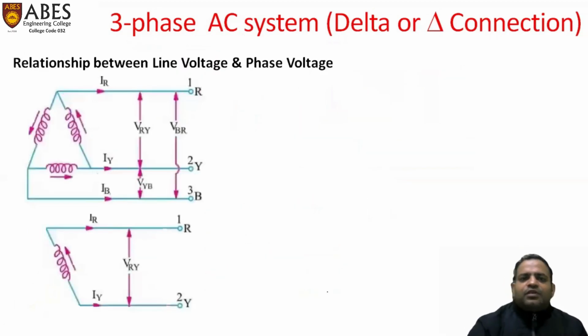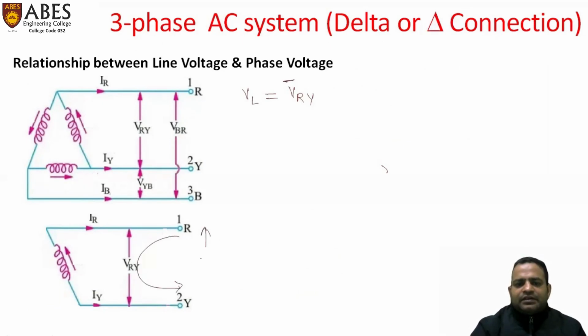Now, first of all, we are talking about the line voltages. If we are making our line voltages, that is VL, either VRY, VYB, and VBR. So we are discussing here only VRY. If we are making R to the Y, this is our line voltage. And to make a line in delta, only one phase is used.